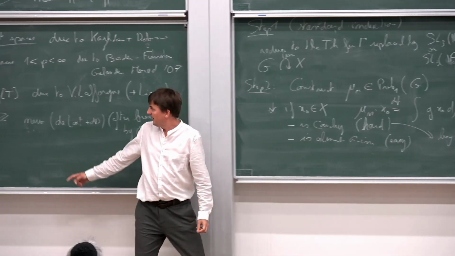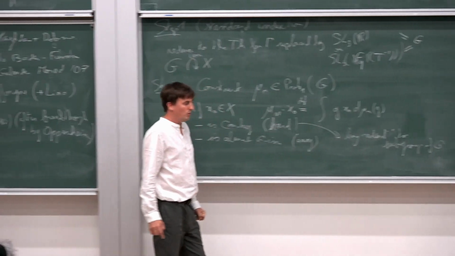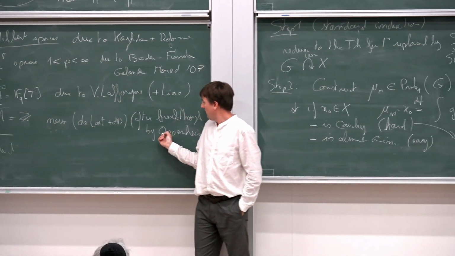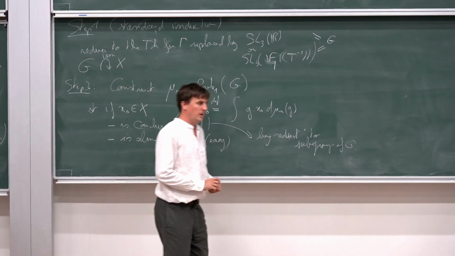If we were following Laforgue's proof, we would restrict to compact subgroups, and in the new proof that originates from Oppenheim and that we developed further with Tim, we reduce to nilpotent groups.